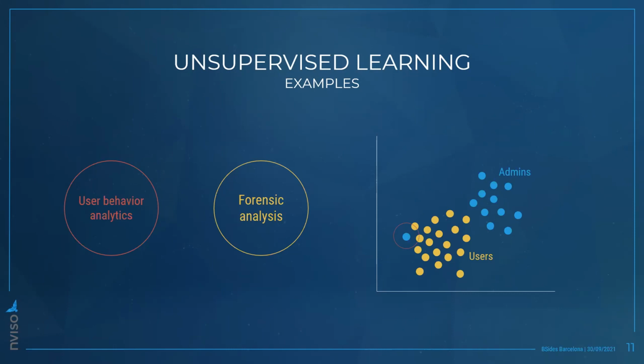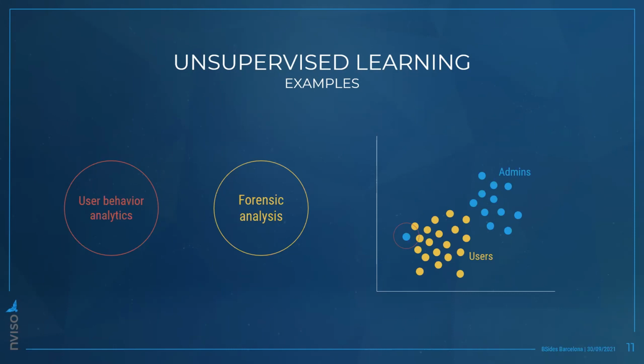If now an admin, for example, logs in from an unusual IP address, one that's usually associated with a normal user, he moves out of his admin cluster. So what we can do very well with unsupervised learning here is detect outliers, things that do not fit into their usual cluster or into a cluster at all.